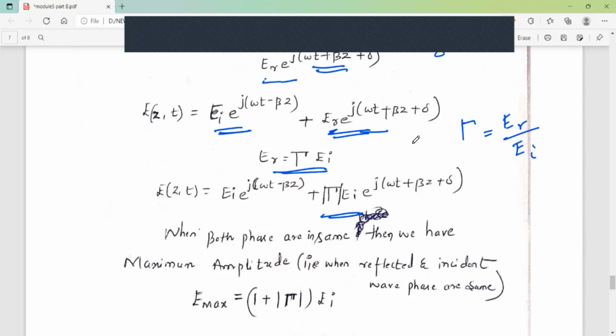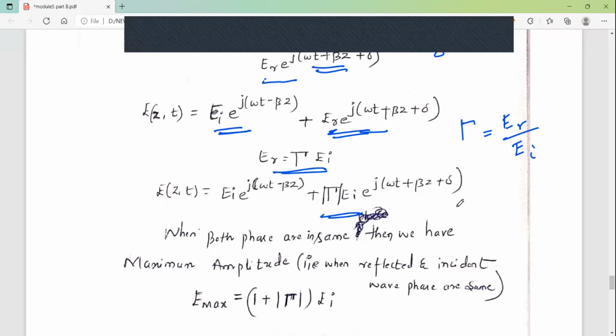So we will have maximum amplitude. We are trying to determine the maxima. We will have maximum amplitude when the phases of both of these quantities are maximum and they are equal. For a sinusoidal quantity, we have maximum amplitude when the phase is 90, and for a cosinusoidal quantity when it is 0. We are considering the sinusoidal form here that will not have the j term.